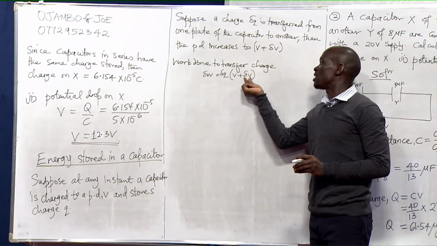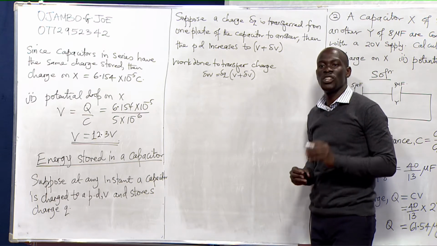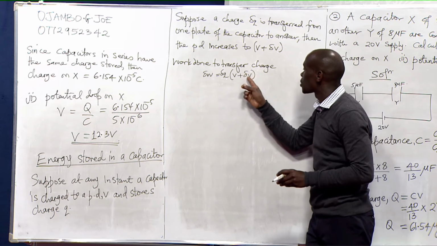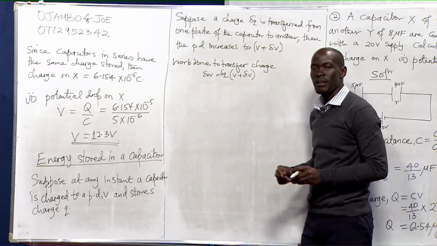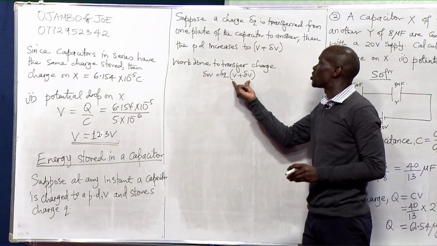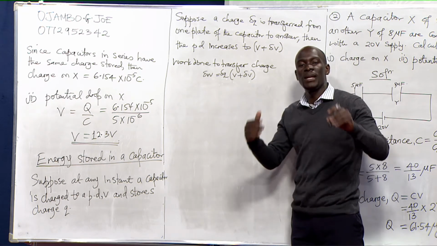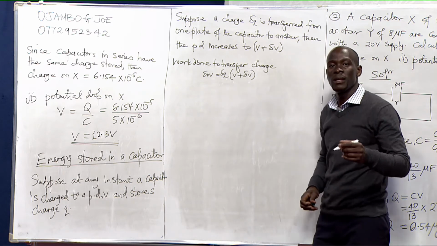Then that means even this PD is going to be a small change in PD. Since it's a small change in PD, it will be so small compared to this. Therefore, this is going to be approximated to V, meaning that our PD will be presumed to remain constant.